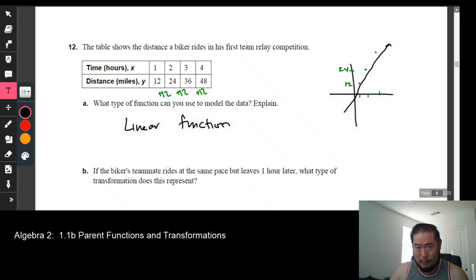Because in 1.2, we're going to begin to talk about linear functions and absolute value functions, and more specifically, look at their equations and talk about vertical stretch, shrink, transformations, moving up, down, left, or right. Okay, so that right there concludes 1.1.